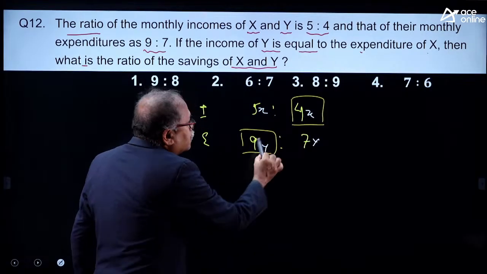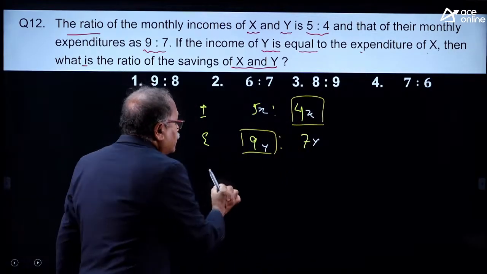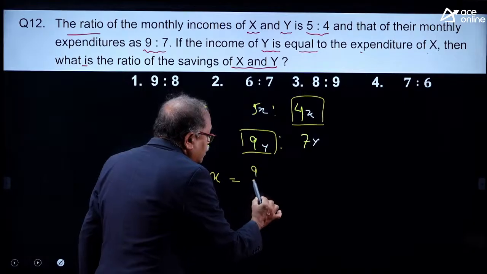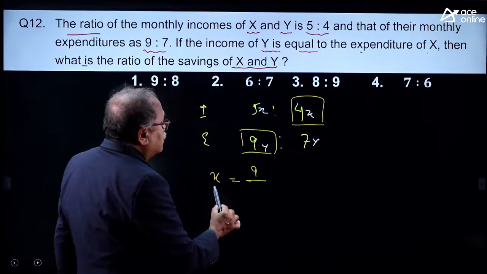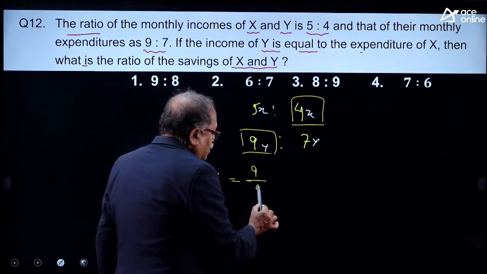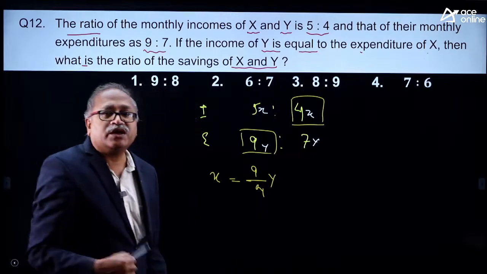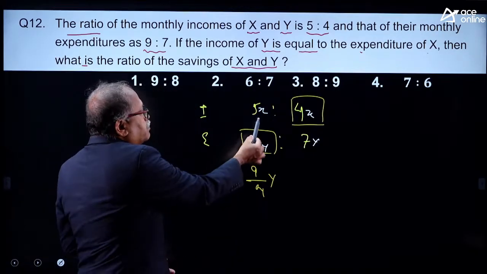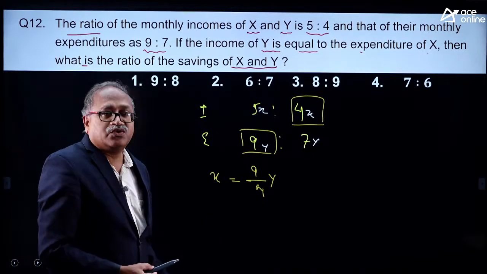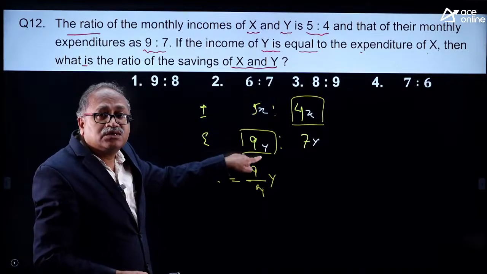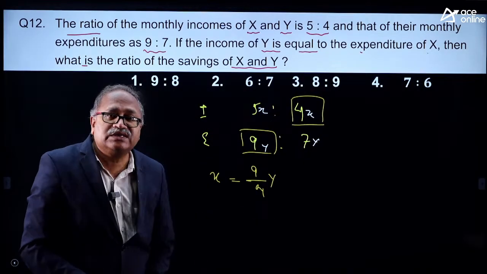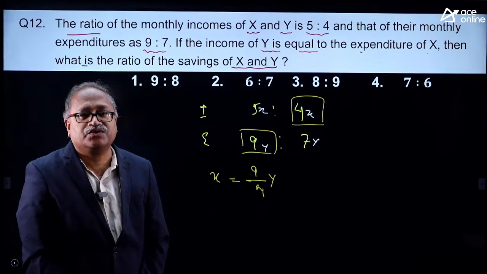So, that means 4x is equal to 9y. So, x is equal to 9 by 4 y. So, what I will do is I will replace the value of x with y here. So, this is y, this is y. So, I can get the saving and saving ratio.